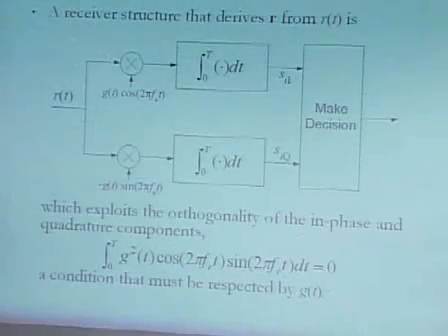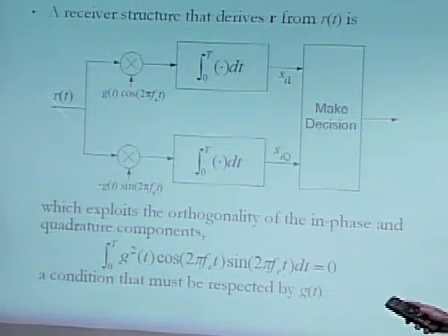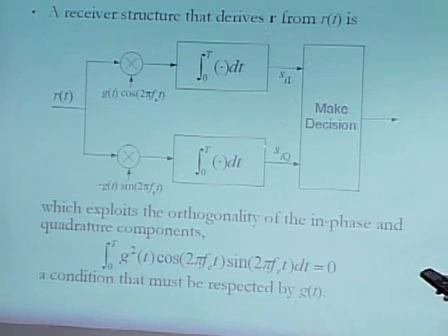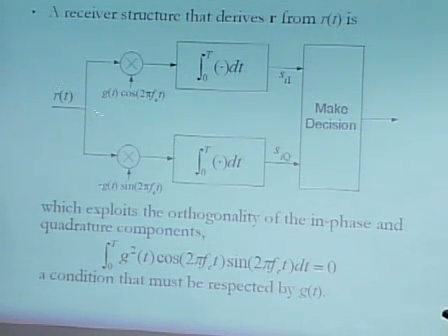We branch it out into two, so we have two replicas on two different branches. Let's look at the top one, and the bottom one follows in a very similar manner. We take the signal r(t) and multiply it by g(t) and by the cosine of 2 pi f_c t, and then we integrate.